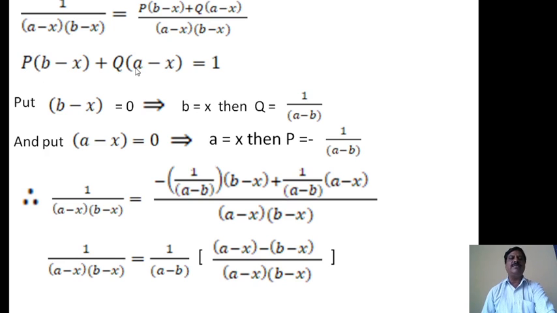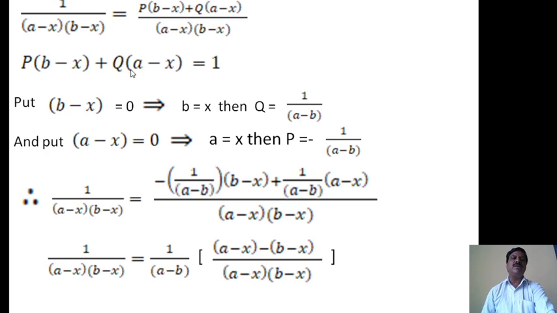And here we are putting x equal to b, therefore q into (a minus b) equal to 1. After transferring, q is equal to 1 divided by (a minus b).